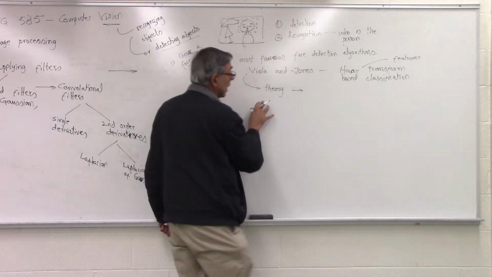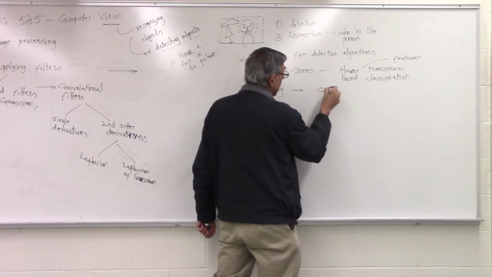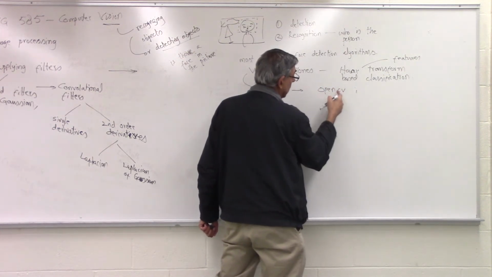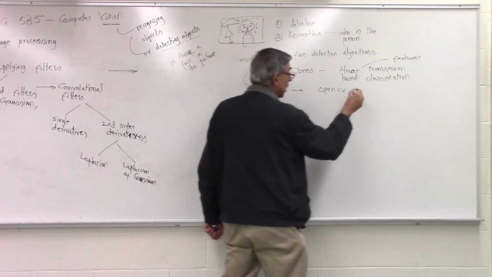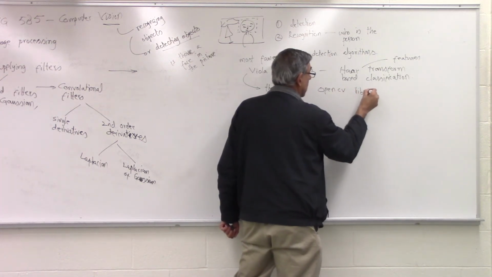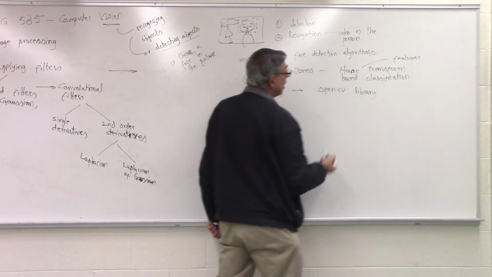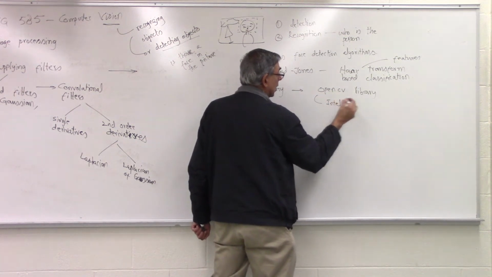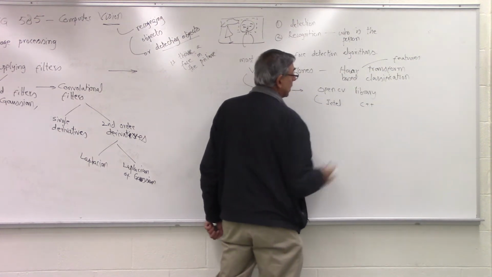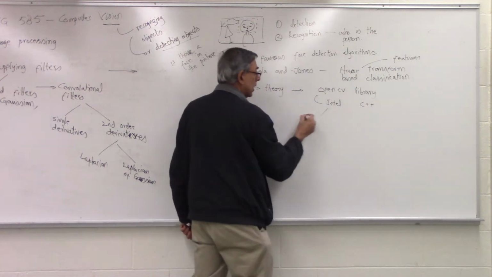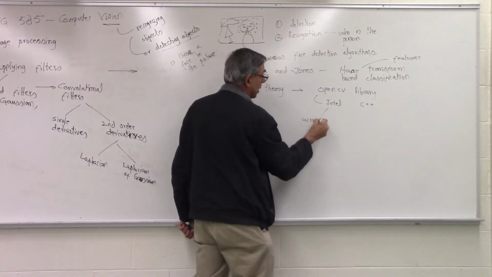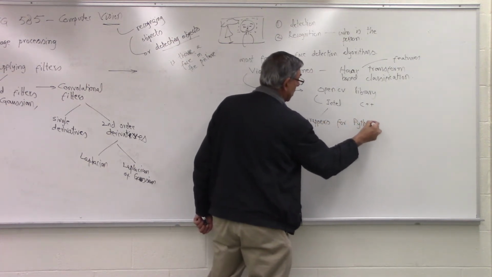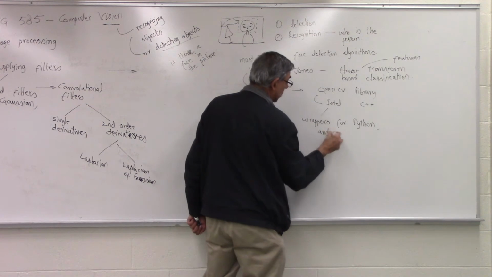For some of these algorithms, there's a very popular library called OpenCV, CV for computer vision. Okay, so the OpenCV library is from Intel. It's written in C++, but it has wrappers for Python and C#.